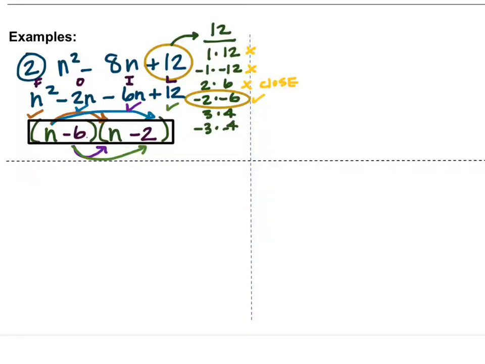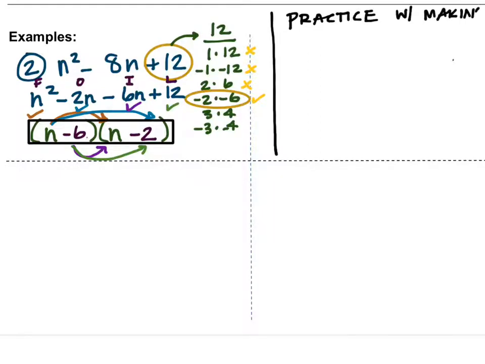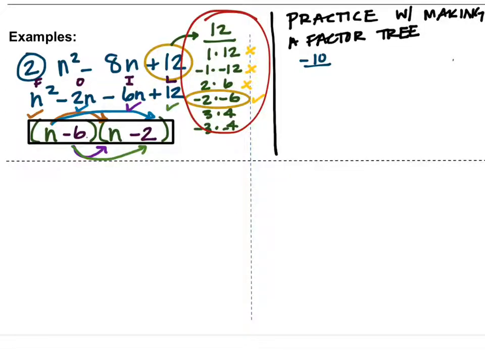Now here maybe let's practice the factor tree. So let's get some extra practice with making a factor tree. And we're going to start with negative 10. Now when I talk about practice with the factor tree, I'm just organizing this idea right here, of working out how to do that.